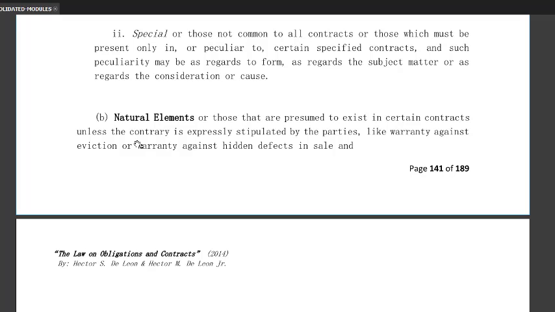Even if it is not stipulated that the party has the right to convey or transfer the property, it is presumed, given the execution of a contract of sale. At the same time, the warranties, warranties against eviction, warranties against hidden defects in the sale of a certain property. Those are what we call natural elements.